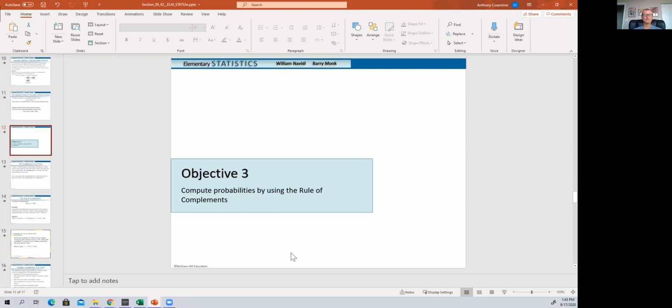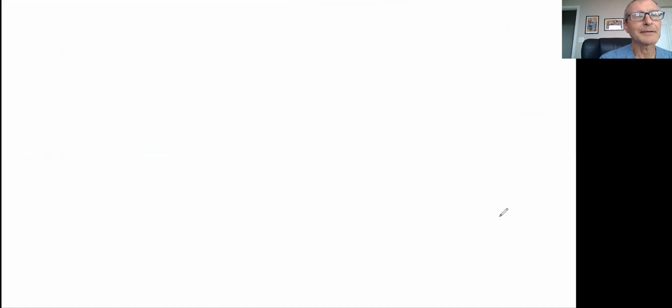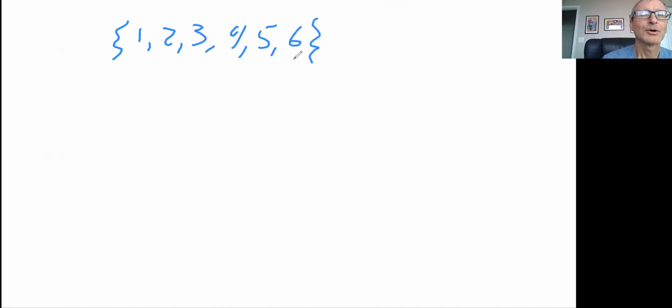One of the classic examples of this, again, is the dice problem. Let me pull up the whiteboard here and clear this out. So again, the dice is 1, 2, 3, 4, 5, 6. What is the probability of not rolling a 1?